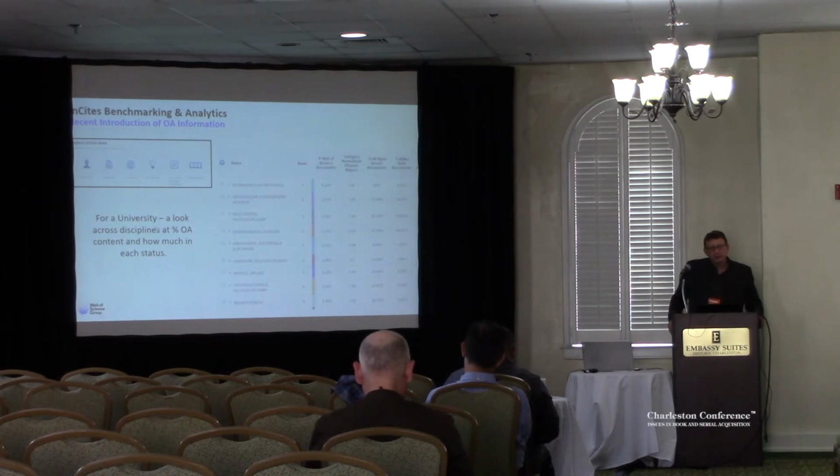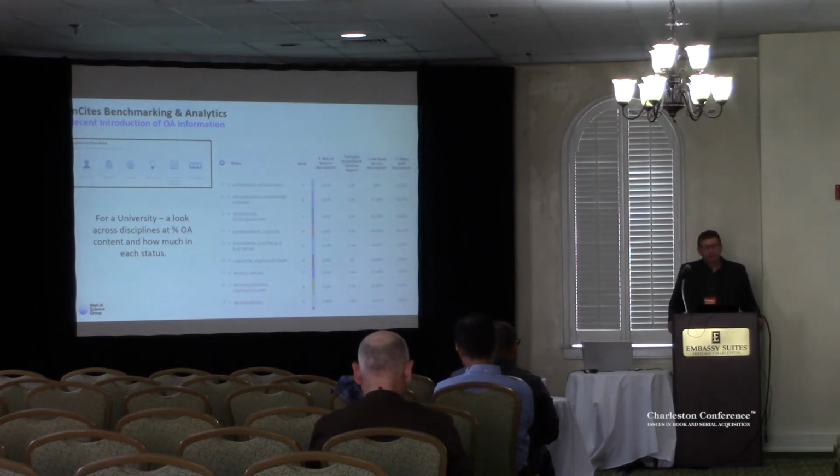I'll jump into InCites Benchmarking and Analytics live as well, and recently we've added OA information and indicators into that resource also. Just a screenshot here, if you're not familiar with InCites Benchmarking and Analytics, we essentially take data from Web of Science, and using the citation data in Web of Science, we can create average or expected rates of citation for essentially every article in the database based on its year of publication, its category, and its document type.